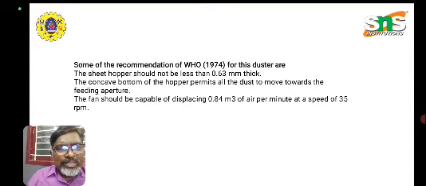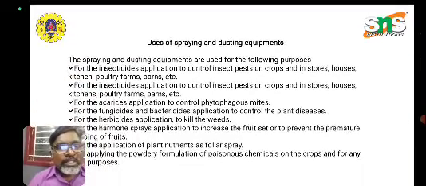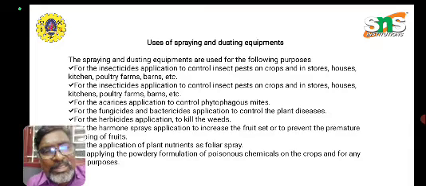The fan should be capable of discharging 0.84 cubic meter of air per minute at a speed of 35 rotations per minute.